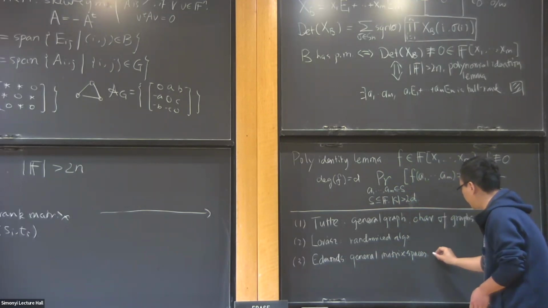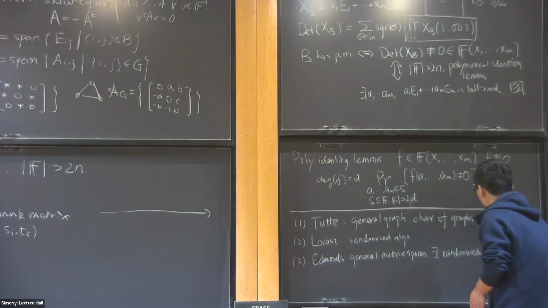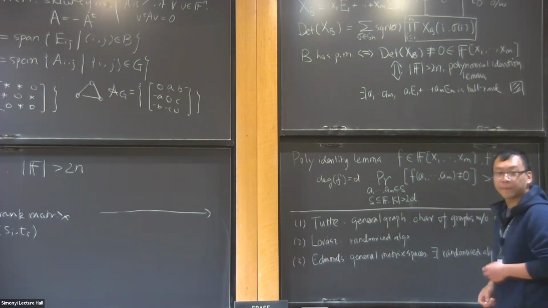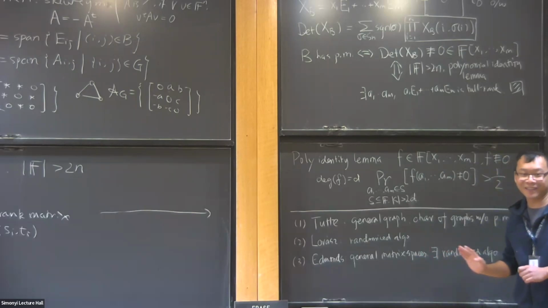And of course, now for which we know there is this randomized algorithm. So what is the question for the general matrix spaces? The question is, can we get deterministic?